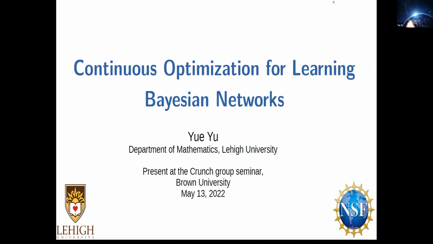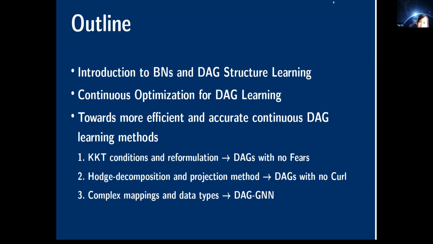So today I'm going to talk about our work on the continuous optimization methods for learning Bayesian networks. Firstly, I'm going to talk about what is the Bayesian network, and why it is associated with one special type of graph called the directed acyclic graph, or DAG in short.